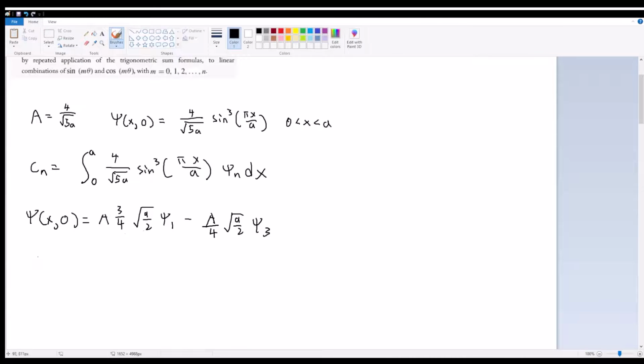So first off, let's get the a out of the way. So this is equal to 4 over the square root of 5a times 3/4. Actually, it might be easier for me if I multiply the a last, just to save myself the trouble of having to deal with that square root for now.